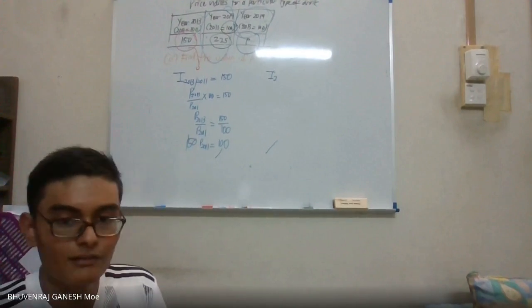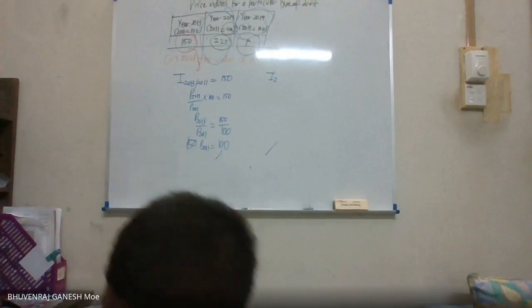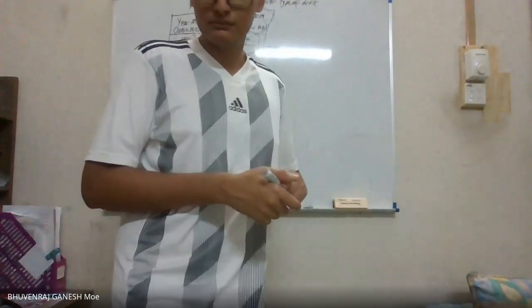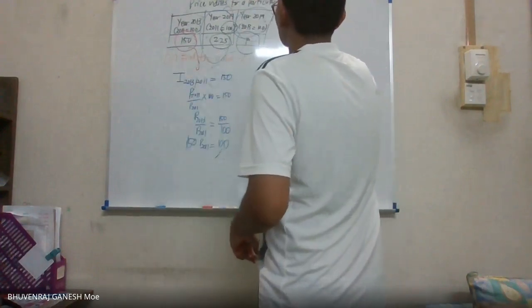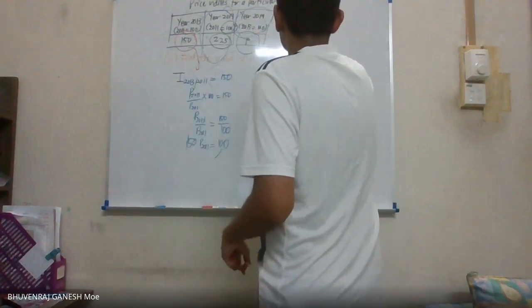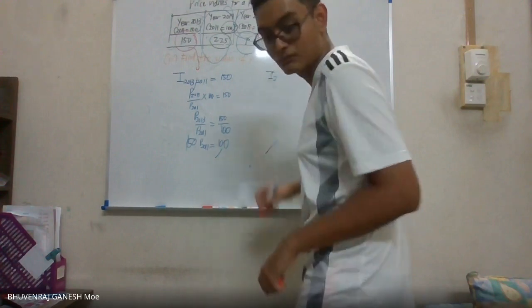I write down the final part so that you can check and see whether the equation is correct. This one is 2019. This part already, the last part before we find the answer.